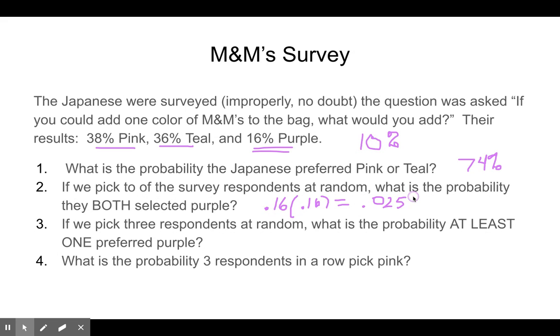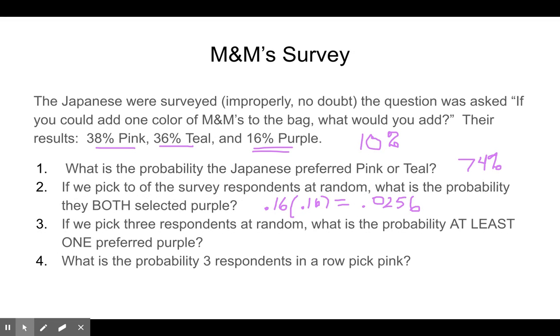So 16% chance of one person picking purple, but for two people, that becomes a lot less, right? That's all the way down now to 2.6%, yeah?